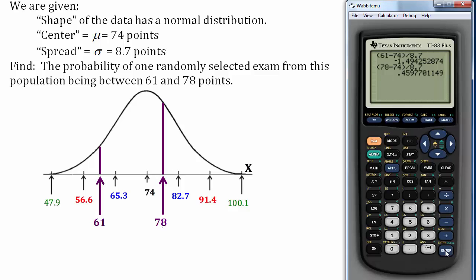Oh, so it's about just under 1/2 of a standard deviation above the mean. So that's how I knew the upper bound was there. And so we are between that lower bound and that upper bound. So shade in the region in between.